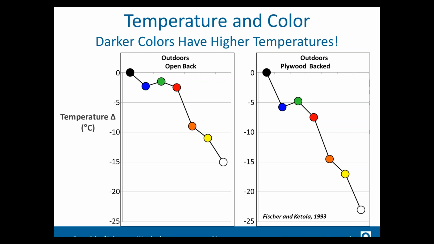This also shows the difference between the installation mechanisms, because the chart on the right shows plywood-backed specimens. So that means that they're insulated and they don't have a lot of cooling on the back, whereas on the left there's cooling on the back of metal panels. So these are all things to keep in mind as far as characterizing the end-use environment for your material, because we're going to want to simulate this in our accelerated test as best as we can.